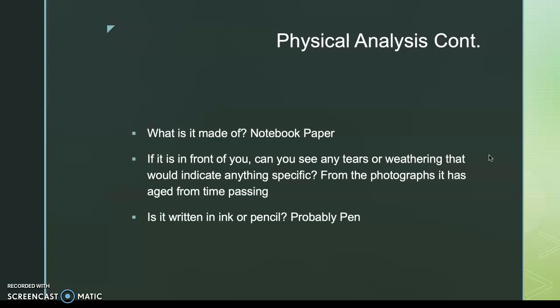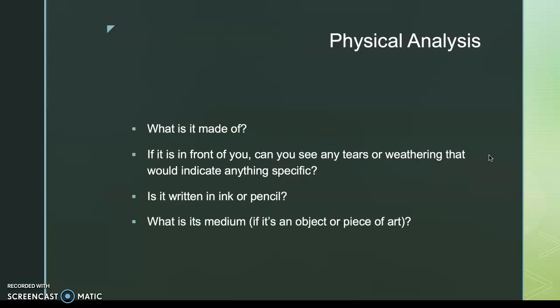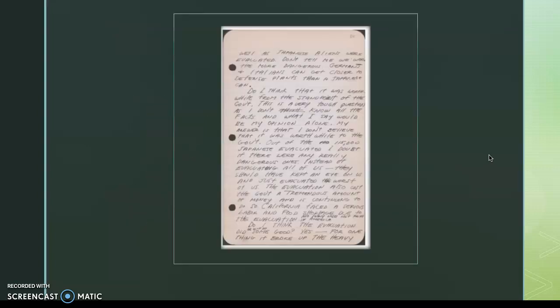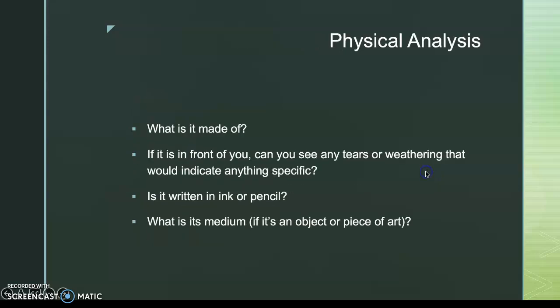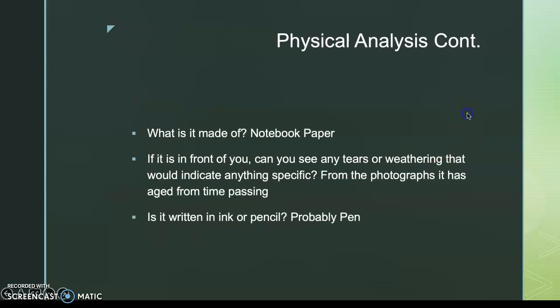It looks a little yellower. And is it written in ink or pencil? Probably pen is what I'm thinking, because if you look back, you can see little parts that have been scratched out. And if you have a pencil, you most likely have an eraser, and you would just erase instead of cross out. So that's one way, if you don't actually know what it's written in. So that's how we analyze.